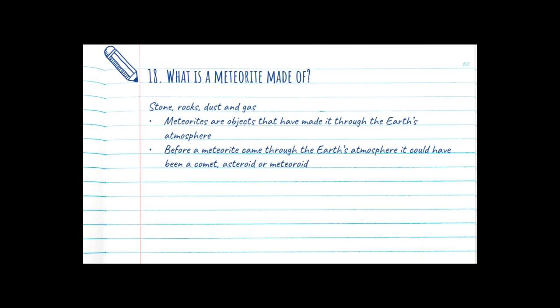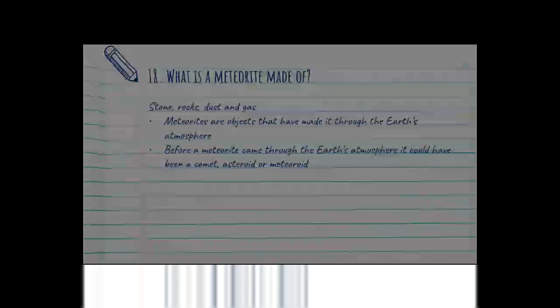Because it would have lost it as it got closer to the sun, and then as it made its way through the atmosphere, more and more of the gas would escape. So the gas percentage would be really low, and it would be mostly stone and rocks and dust by the time it actually made it to the Earth's surface. But originally it could have been a comet, and so it could have originally had frozen ice or frozen gas.